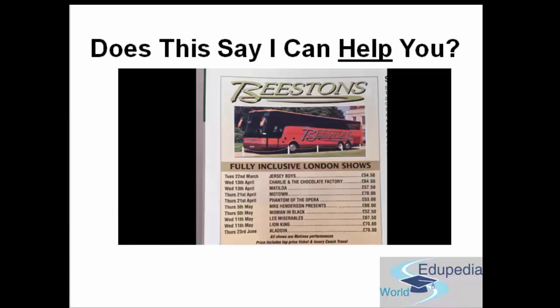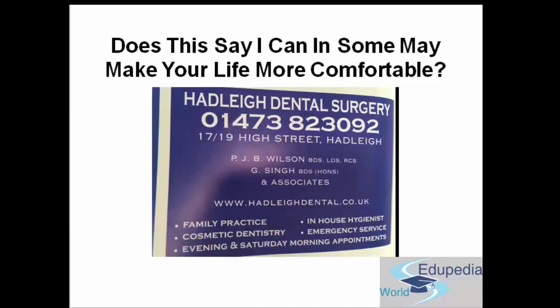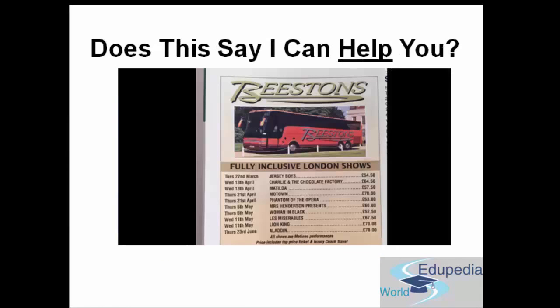And therefore, does this photo here say, I can help you? Does this say, I can in some way, shape or form make your life more comfortable? Now, interestingly enough, when we go back with Beestons, who I know for a fact do some terrific trips to London to do some shows, and you look a little closer, there's Charlie and the Chocolate Factory, there's Motown, there's Phantom of the Opera, there's Les Mis, there's The Lion King, there's music of the Jersey Boys.